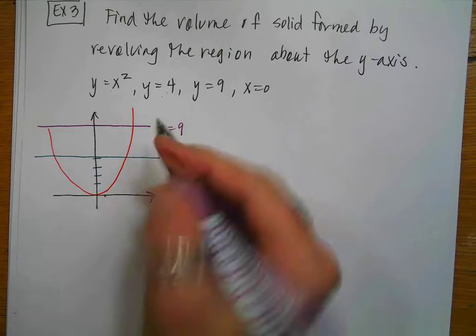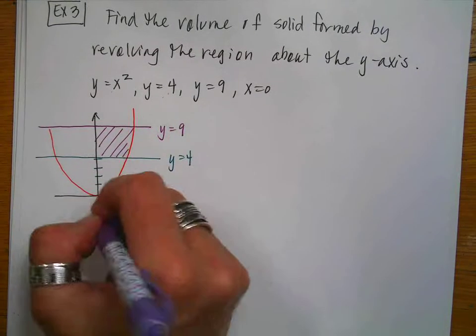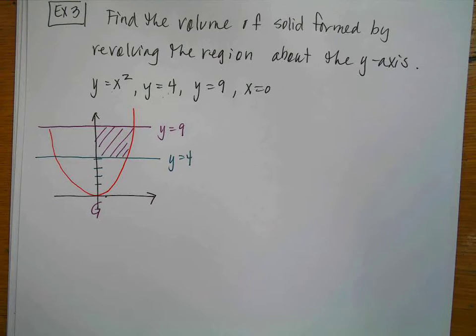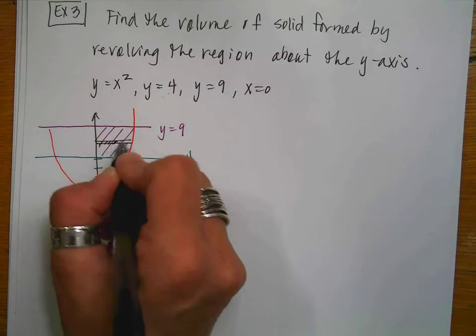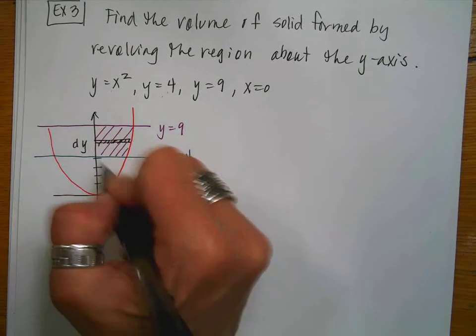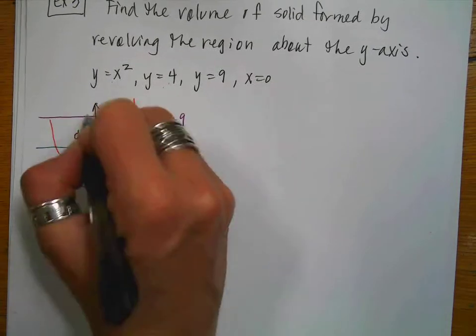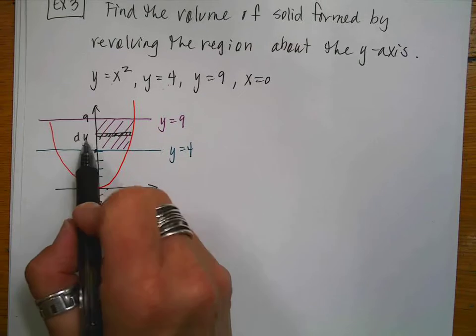Y is equal to 9. X is equal to 0 is here. So this is the region that's being revolved about the y-axis, which means that I'm going to have, because my representative rectangle has to be perpendicular to the axis of rotation, a dy. Remember, this is 4 and this is 9.